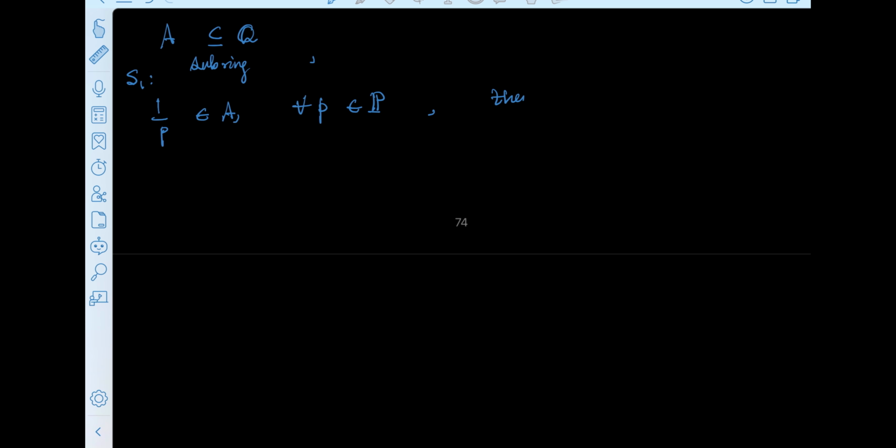Then I claim that 1/n is inside A for all n belonging to the natural numbers.